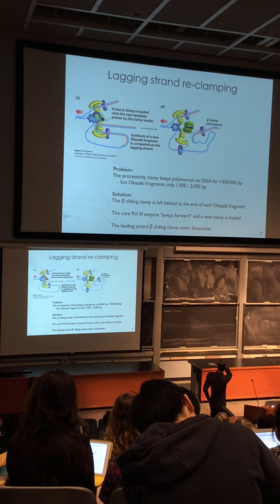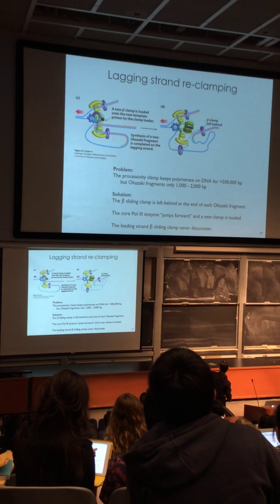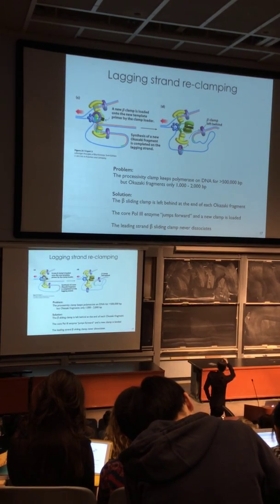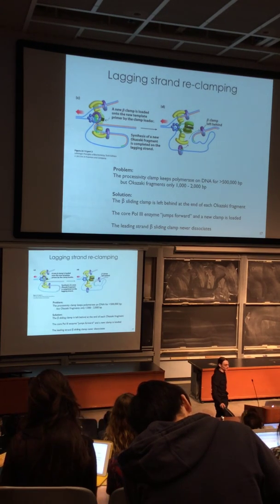The answer is the sliding clamp is just left behind on that Okazaki fragment. The clamp loader will remove that clamp and then add a new clamp to Pol 3 at the beginning of the next Okazaki fragment at that primer.